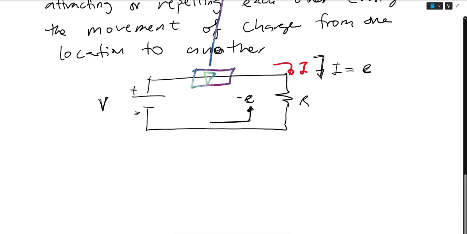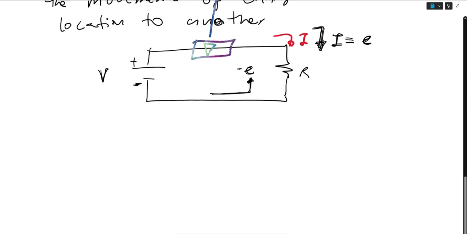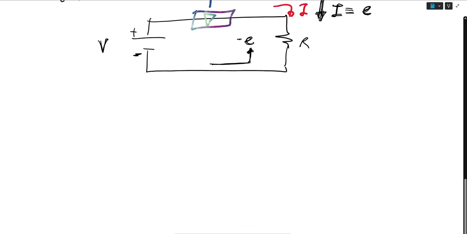But in terms of standards, we defined I to equal E, and it flows in the direction of plus to minus. And so we can now define electric current in terms of an equation.